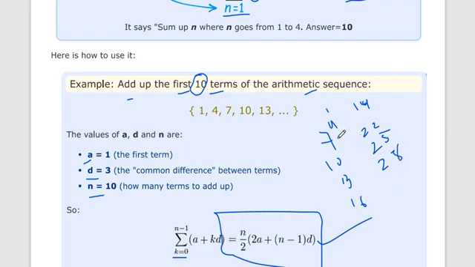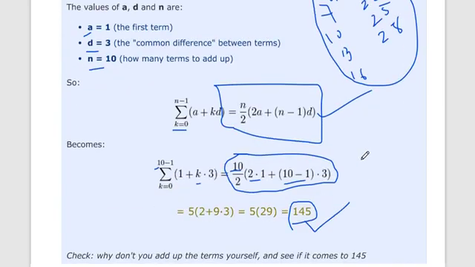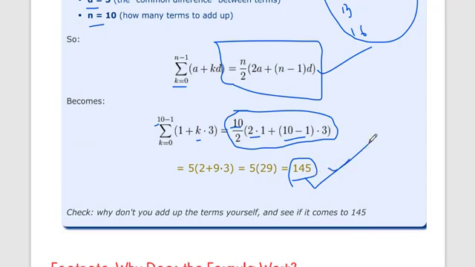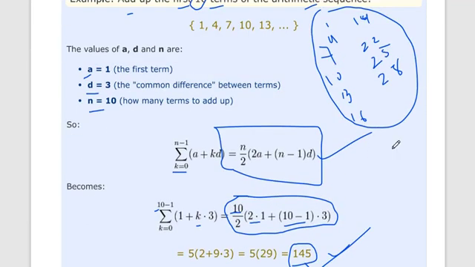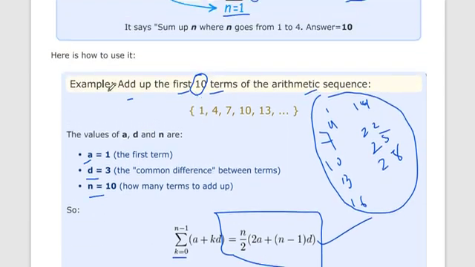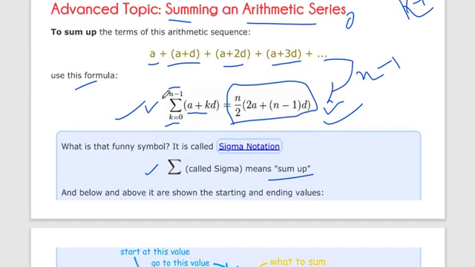That is 10 terms. If you add these 10 terms, you get the answer 145. So you can check yourself whether it is true or not. So that is how to use this formula.